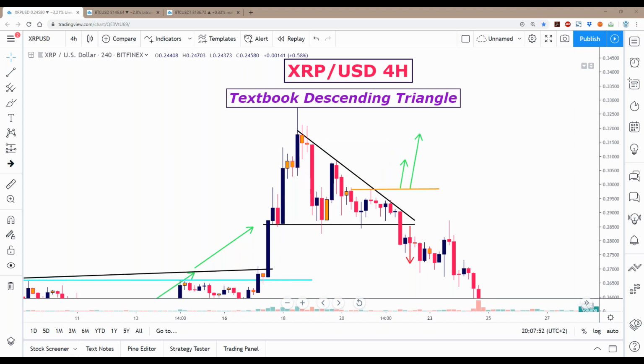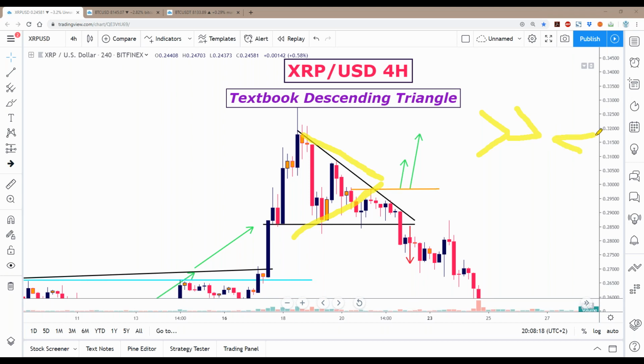And then a symmetrical triangle occurs when both of these support and resistance lines are coming in on a similar angle to each other. So you have symmetrical, descending, and ascending. But they're all three triangles.